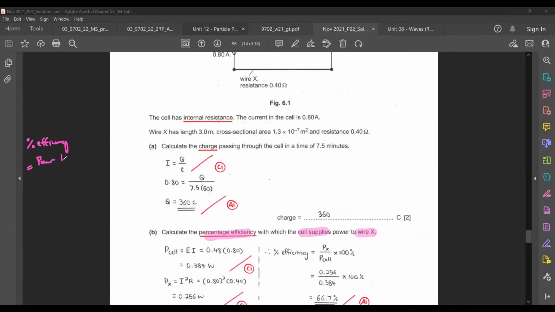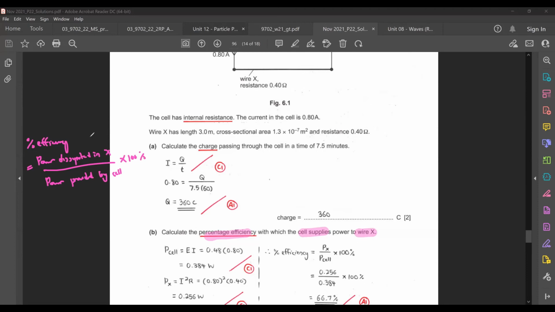The percentage efficiency is power dissipated in X over power provided by the cell. Okay, I think this one they call it cell, right? Not battery. So power provided by cell times 100%.